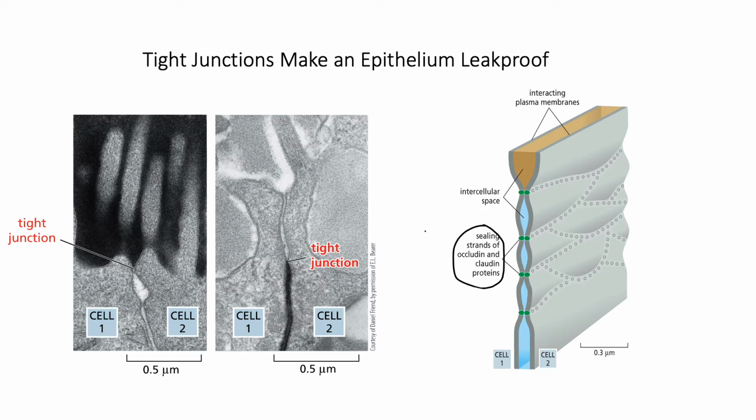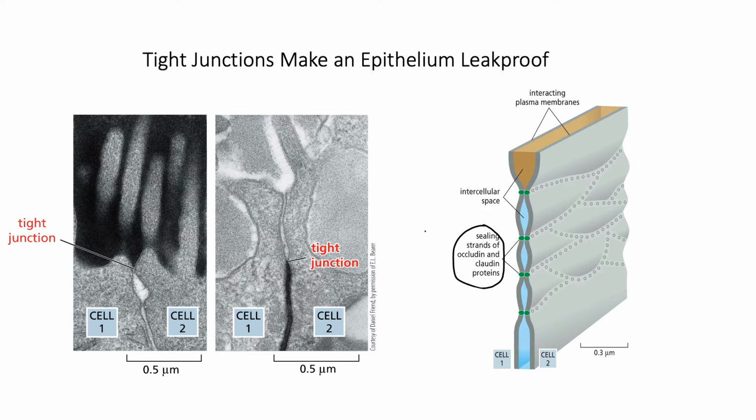And now on the left-hand side, there's a few electron micrographs that show this. The one that actually really shows it, I think, pretty well is the one on the right. It shows cell 1 and cell 2, and then that tight junction is that dark strip which is sealing those cells together.